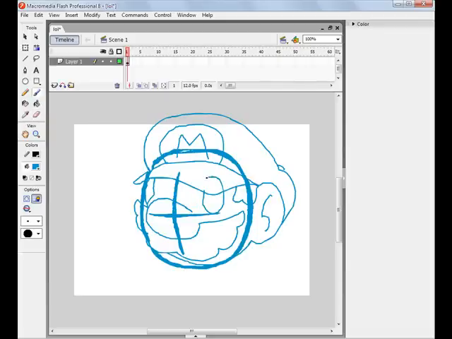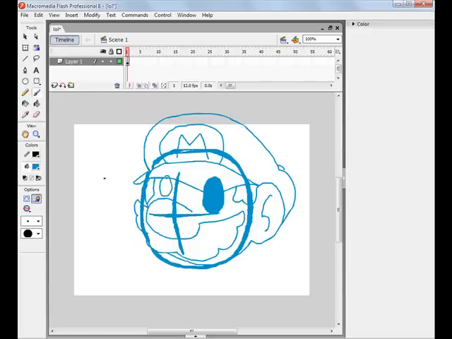Just big, black, and you just use this filling tool right there and color it in, and you can shape the eye to whatever you like. Make him sad, make him mad, make him happy. Doesn't really matter.